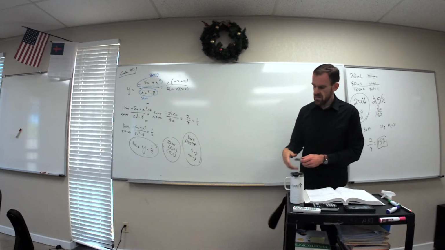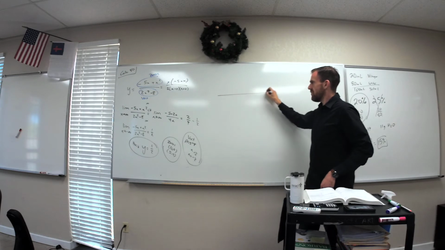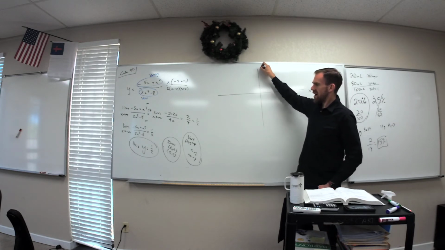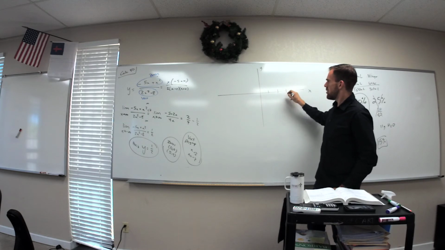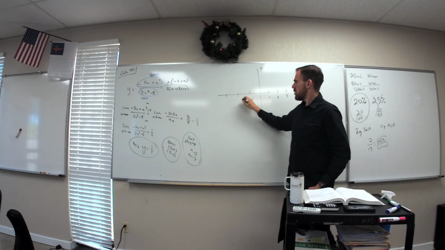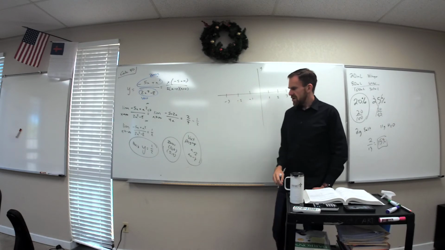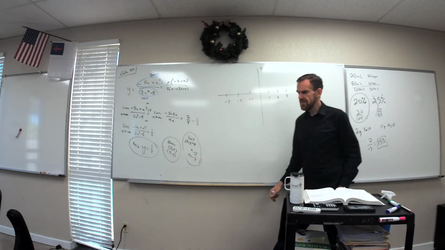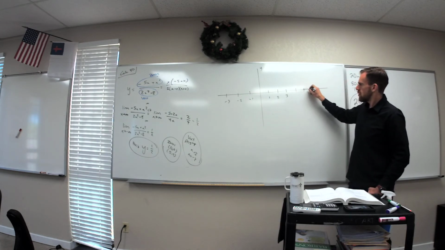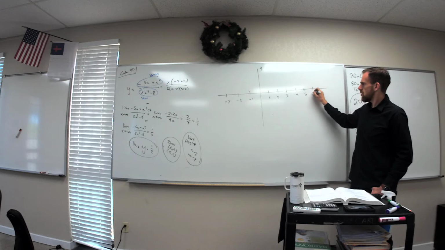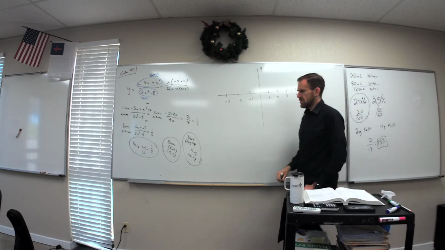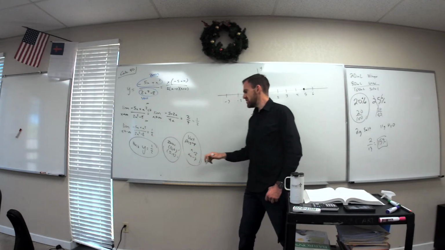So here's my graph. Here's my x-axis, my y-axis. I need 1/2. Okay, I know my zeros are at 0 and 5, so I have to go a little bit further. This one is 0, 0.